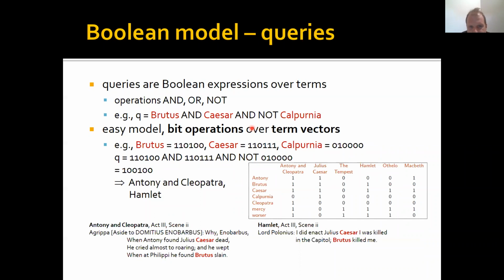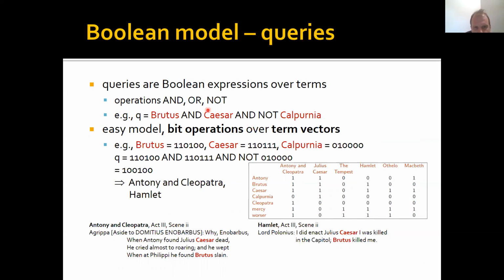The terms themselves basically stand for a predicate whether a given term appears in the document or not. If it appears, it evaluates to 1. If it's not there, it evaluates to 0.